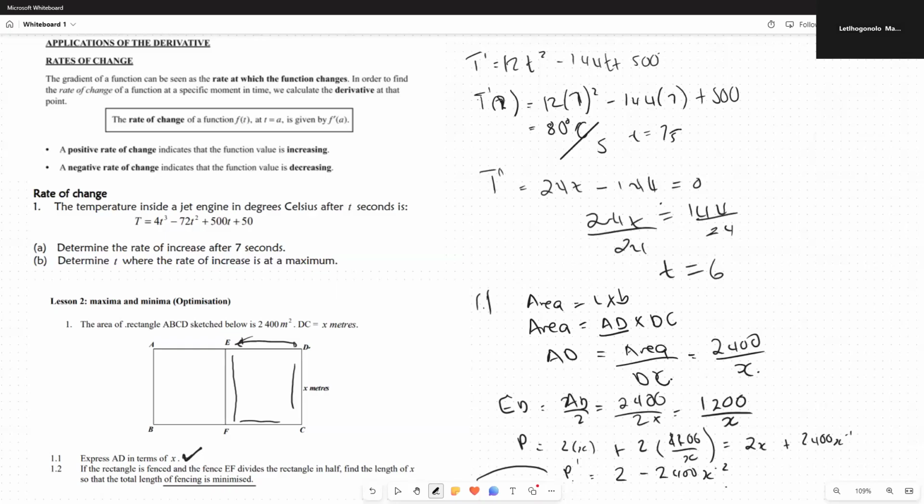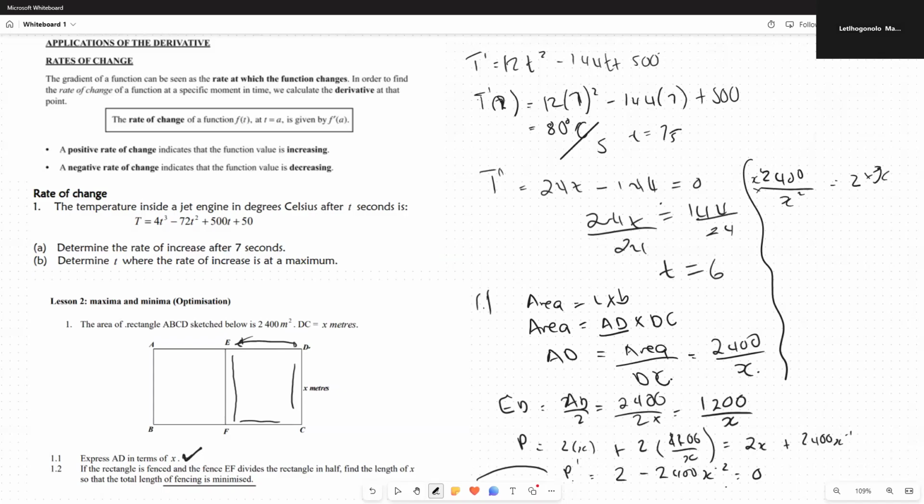We know that the fence will be a minimum when the derivative is equal to 0. So here we would have 2 minus 2,400 over x squared equals 0.